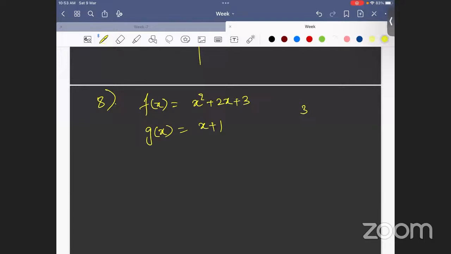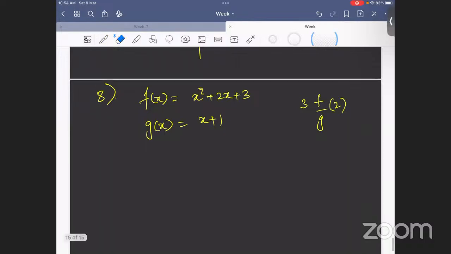Okay, the second one. Yeah, for you, this one. He asked for f plus g of x, and I got 11. That's correct. But here it is asking f upon g of 2, right? Oh, sorry, I got 11 for this, and the second question is incorrect.